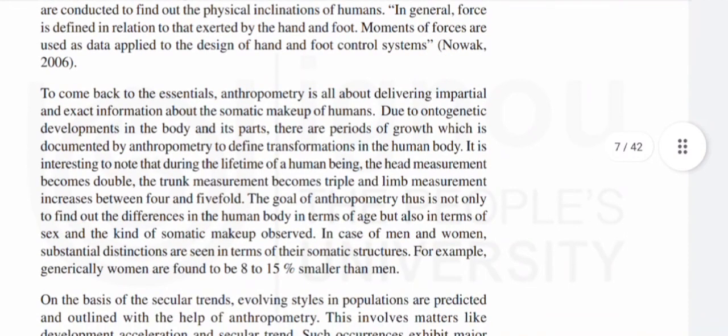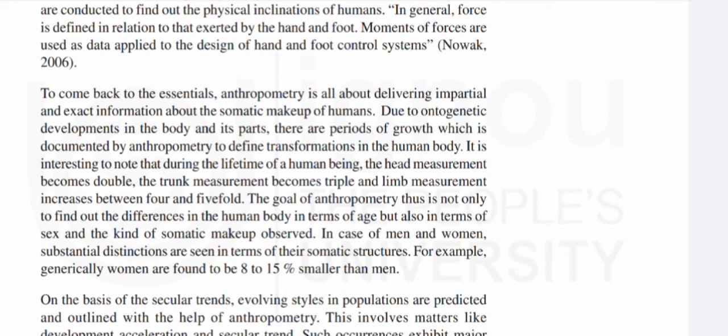To come back to the essentials, anthropometry is all about delivering impartial and exact information about the somatic makeup of humans. Due to ontogenetic developments in the body and its parts, there are periods of growth which are documented by anthropometry to define transformations in the human body.